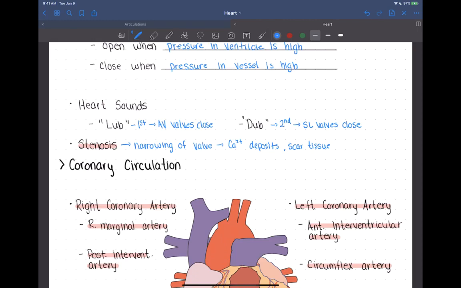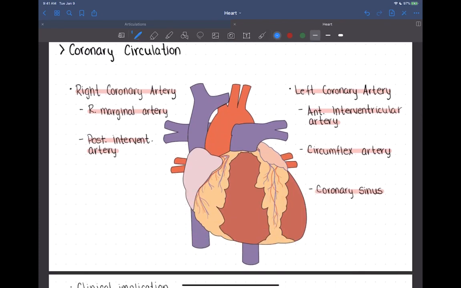Okay, so now let's go through the coronary circulation, okay? And so before we talk about some of the blood vessels and what tissues they supply, the function of the coronary circulation and why it's so critically important is to nourish that actual heart tissue, the heart muscle. All right, so it nourishes the heart muscle.